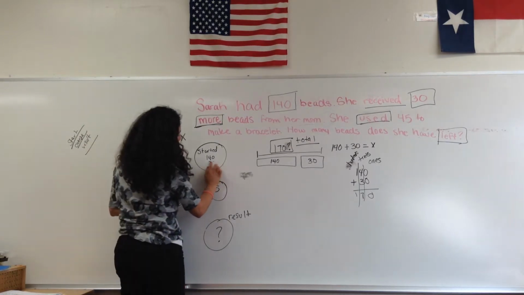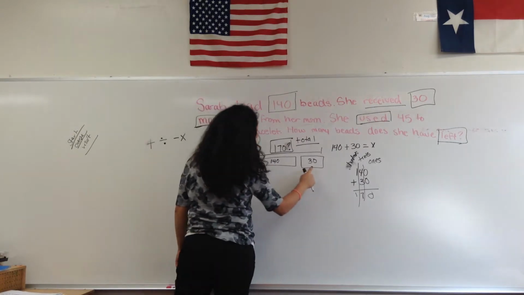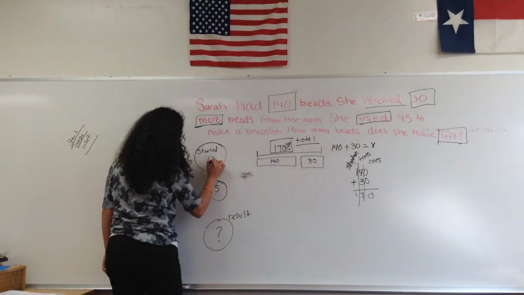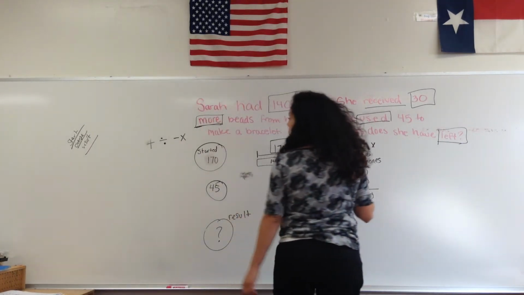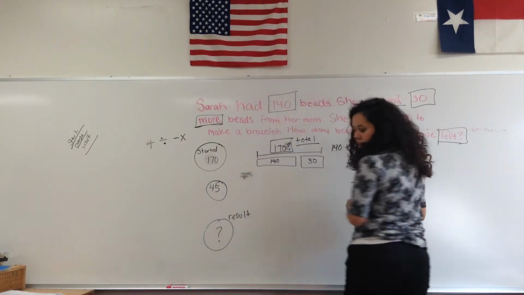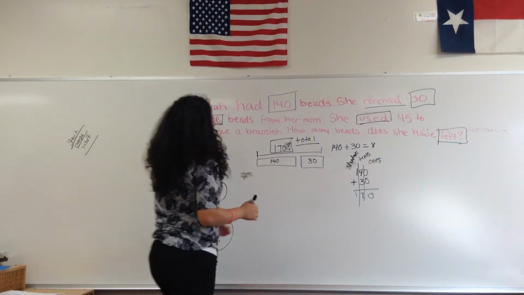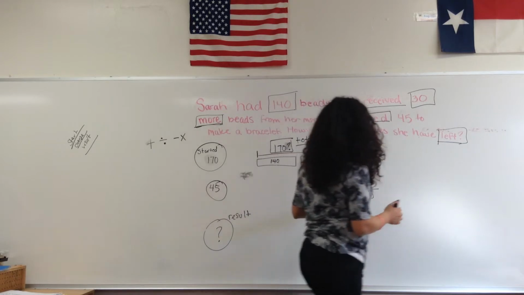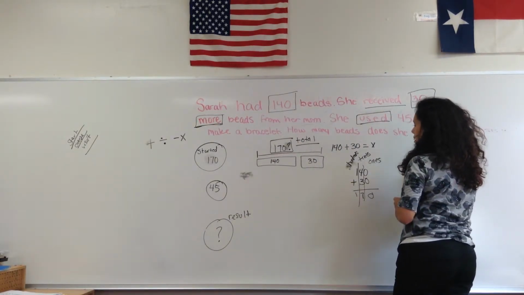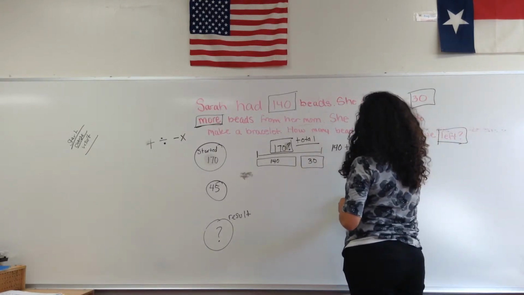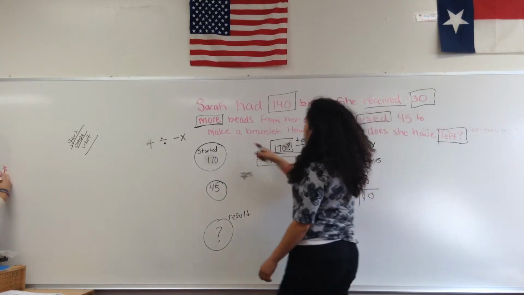So let's go ahead and erase what she started with, because now we know that 140 plus 30 equals 170. But wait, let's go back to our word problem and reread it. It says that she used 45 to make the bracelet.